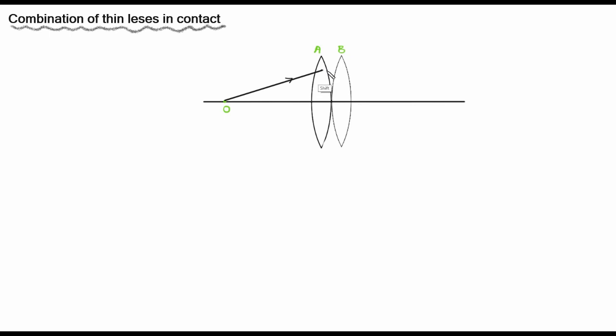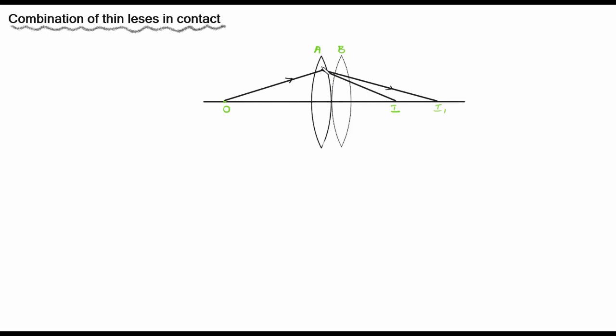The first image is formed somewhere here. Okay, this is the first image and I'll call that image I1. Next, another image will also be formed, which will give the image here. You can ask why the first image is formed here and the second image is formed here.